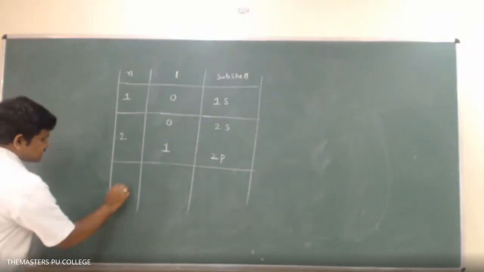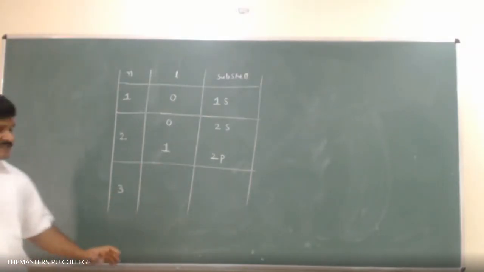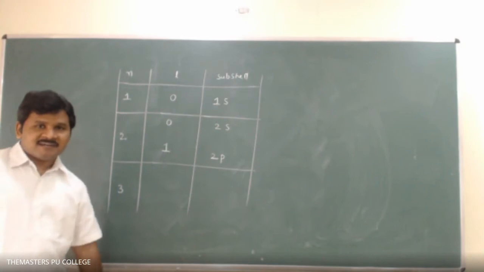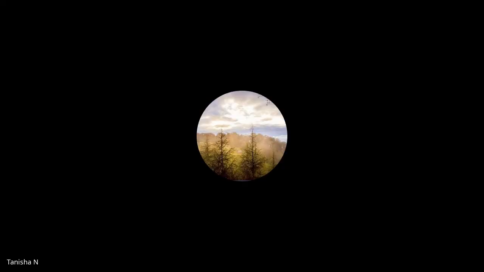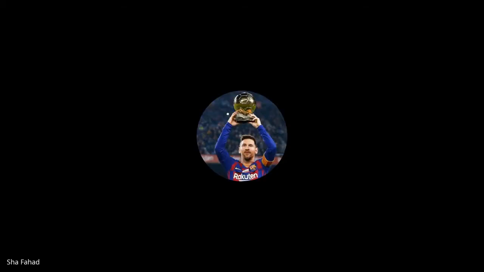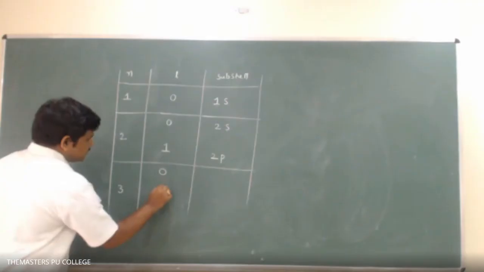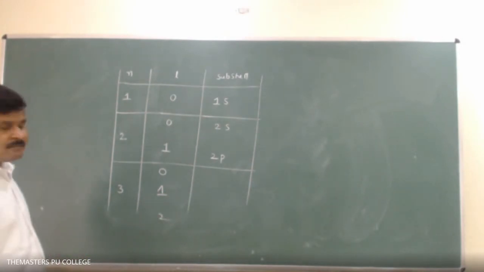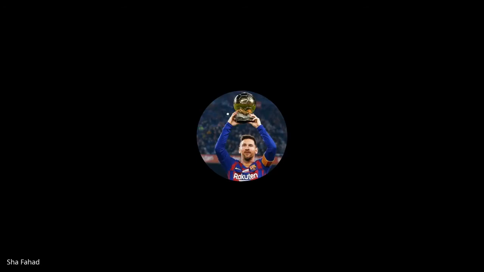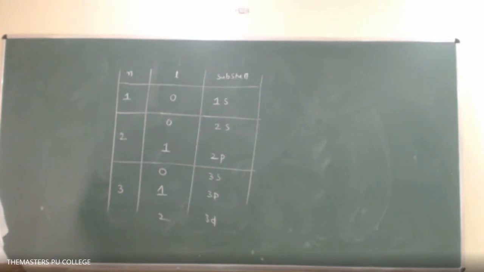Next, n is equal to 3 means 3 L values are possible. What are the 3 L values? 0, 1, 2. Notations: 3s, 3p, 3d.